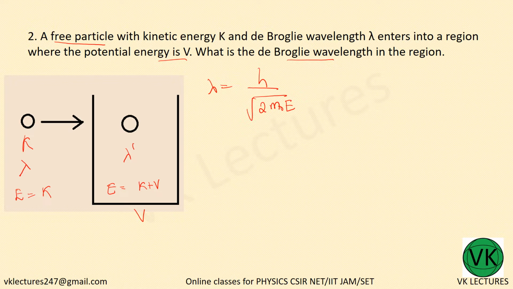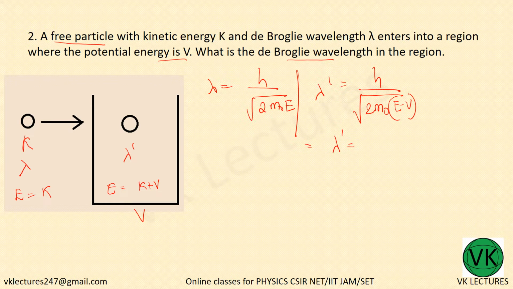Now lambda dash is equal to h divided by under root 2 m naught into E minus V. Now bring this E outside.